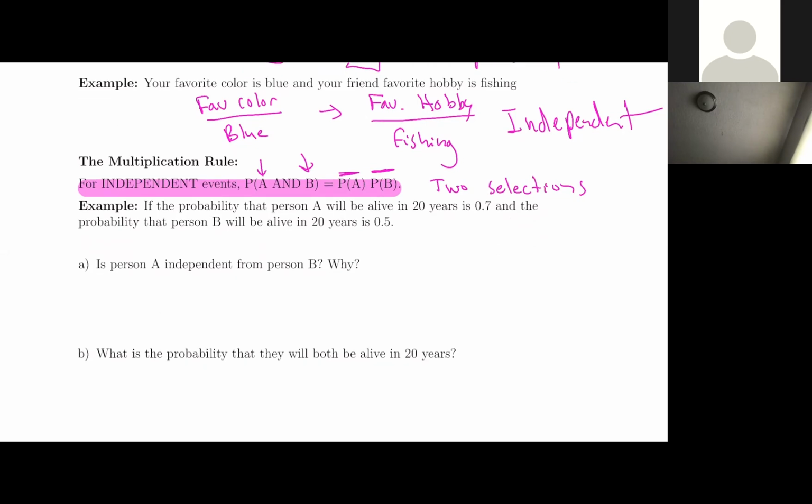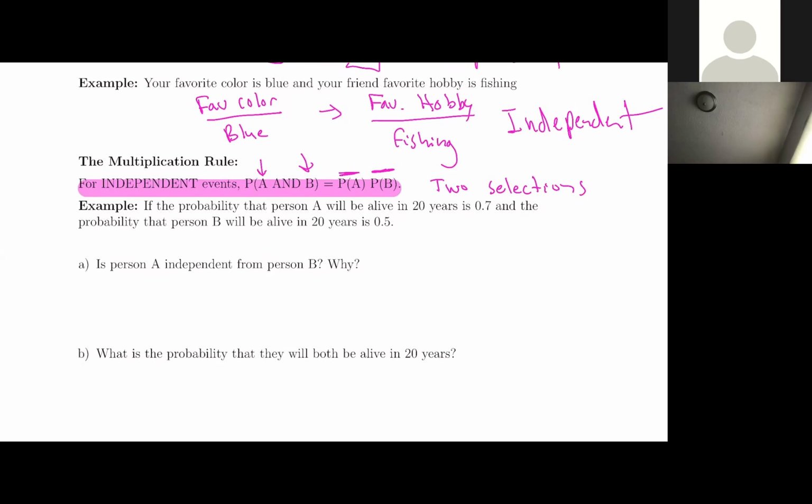So for the next one, if the probability that person A will be alive in 20 years is 0.7, and the probability that person B will be alive in 20 years is 0.5. Part A says, is person A independent from person B? Does the fact that person A will live affect the probability that person B will live?